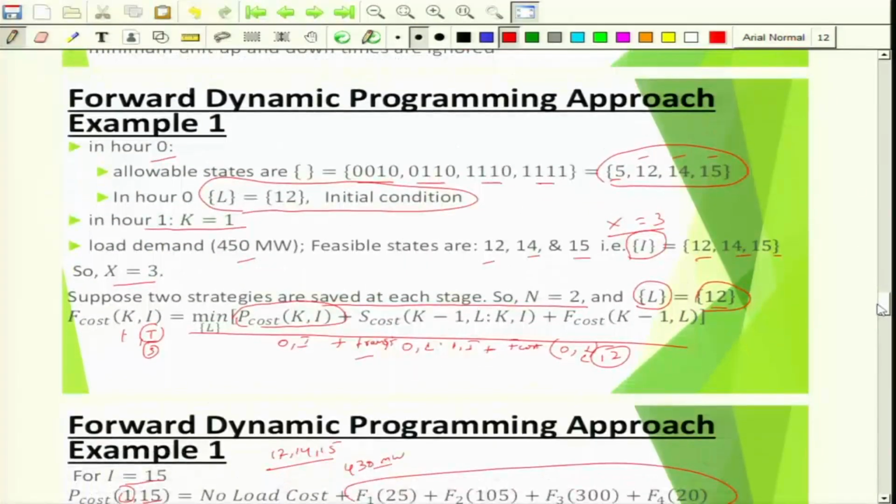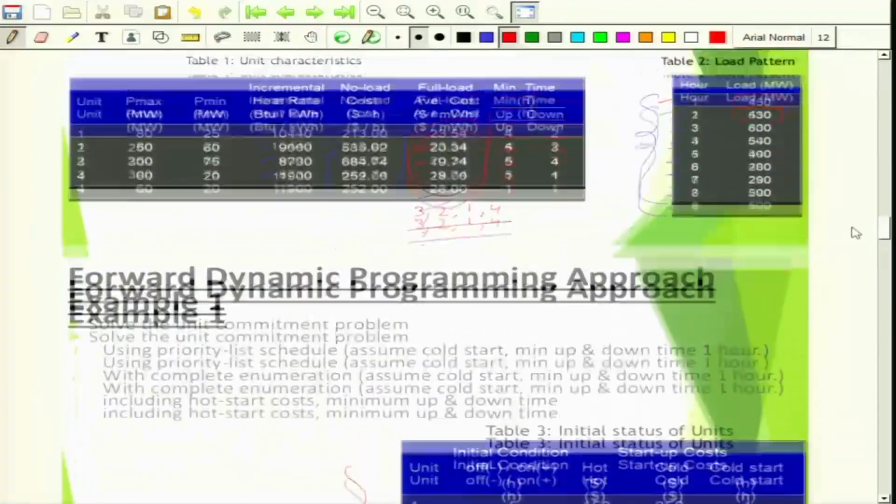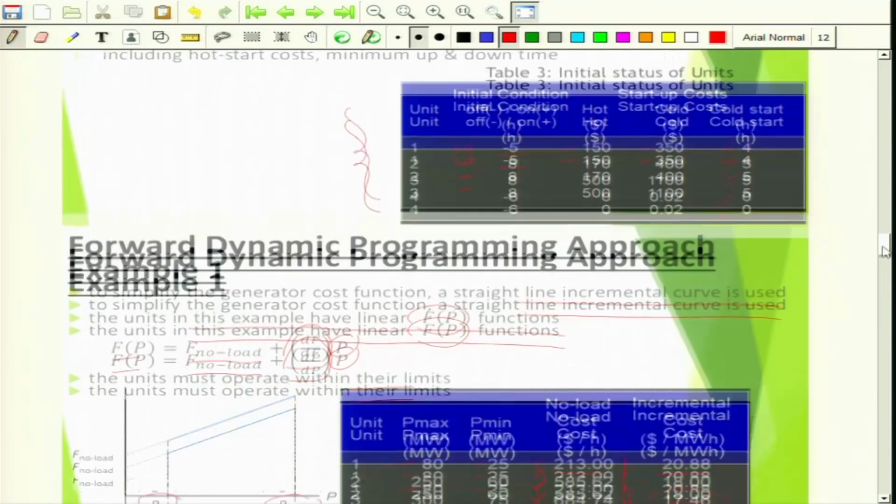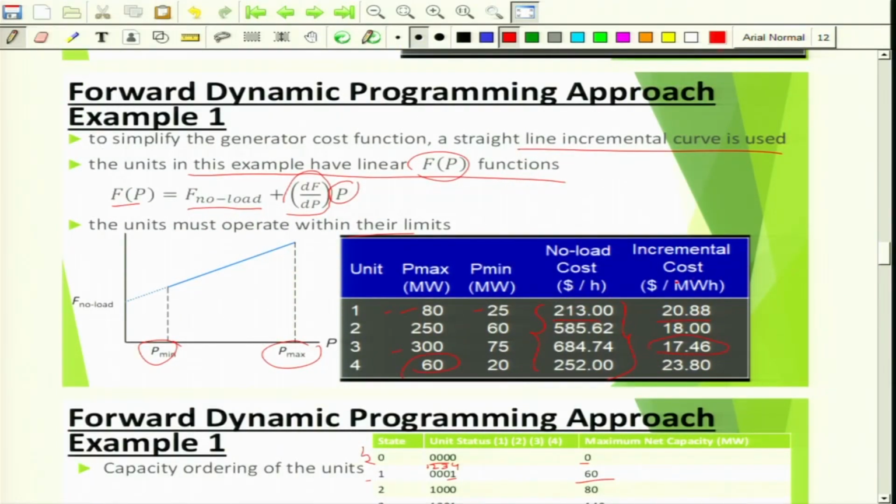So the first hour load demand is 450. You have loaded 300 for unit 3, and then you have 150 megawatt to be met. So what you will do is, you have to operate unit 1 and unit 4. All the units should be operated at their minimum capacity, because that is the minimum load they have to meet.